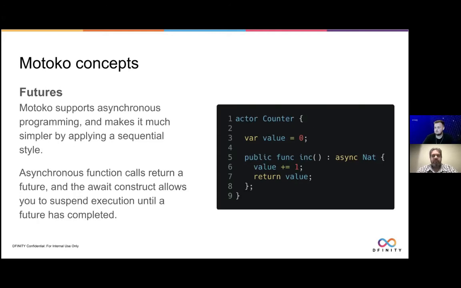We have something we call futures, and it's kind of similar to what you know as promises in JavaScript languages. And we run everything asynchronously. And we've actually taken some steps to make it a little bit simpler than what you may be used to. The callback hell will not really exist in Motoko.